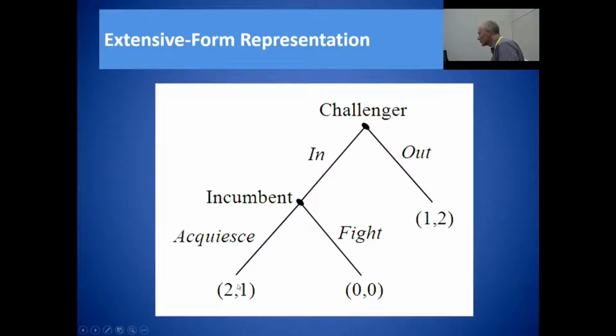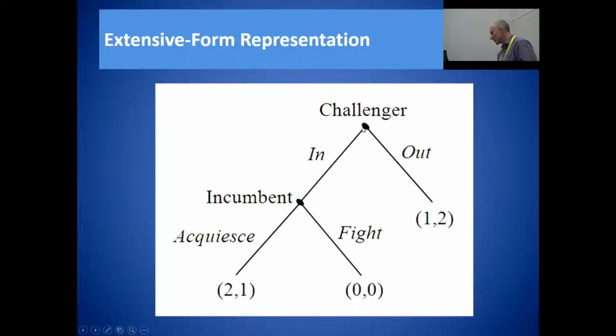So that was common for both firms. Notice though, the 2s are different. The most preferred outcomes are different. We said for the challenger, the most preferred outcome was to enter the market, and for the incumbent to concede, to acquiesce. So there you go. For the challenger to enter the market and the incumbent to acquiesce, that is where the challenger gets his highest payoff of 2.